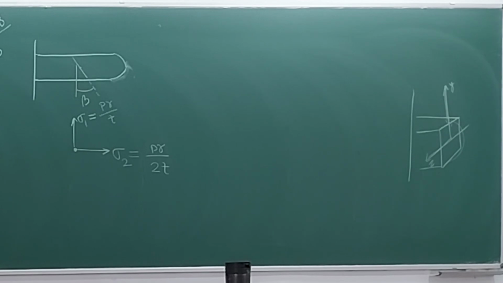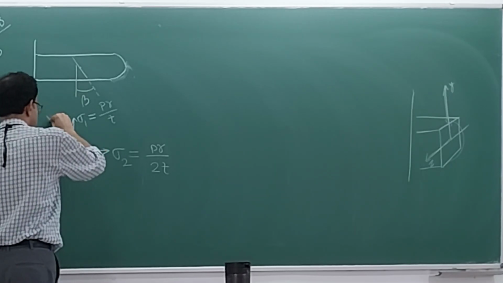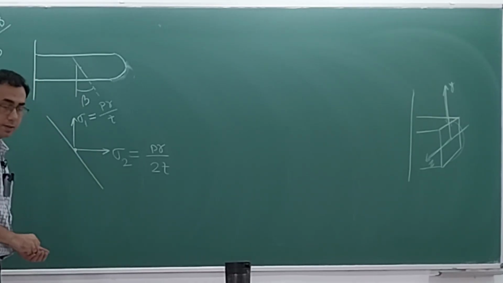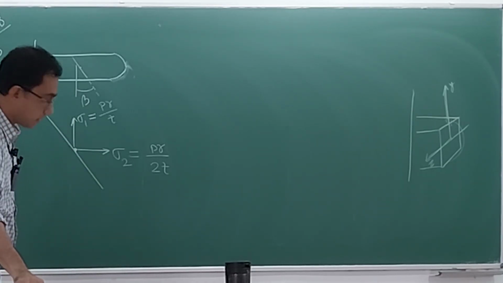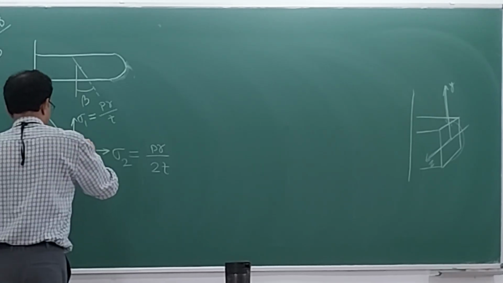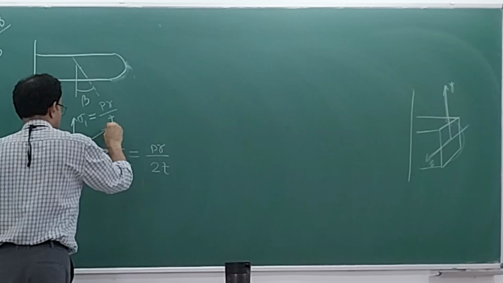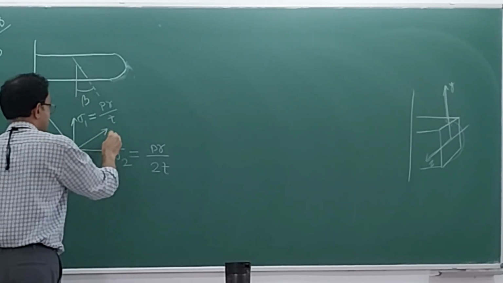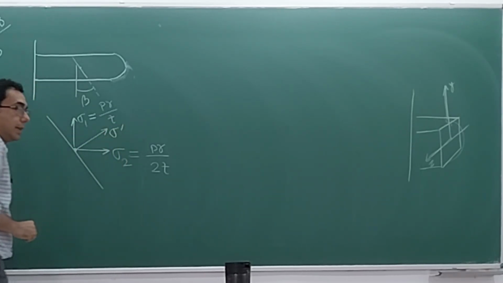But the weld is not along any of these directions. The weld is not like this, the weld is not like this. Rather, the weld is like this, which means this is the stress we are actually interested in, this sigma dash, because the weld is joined like this.